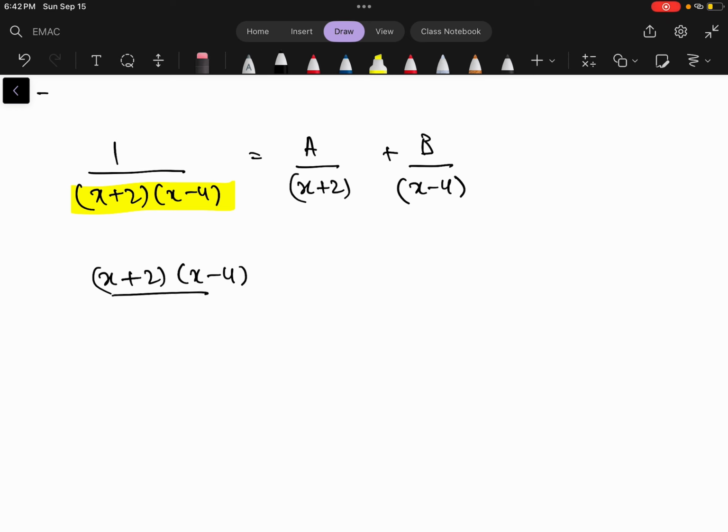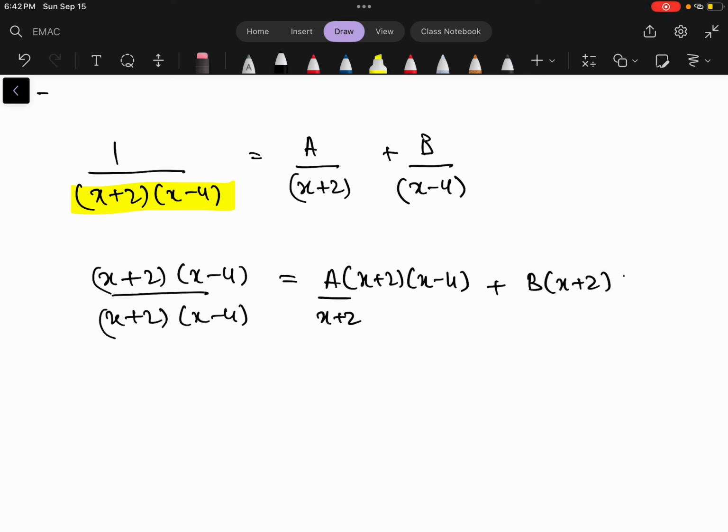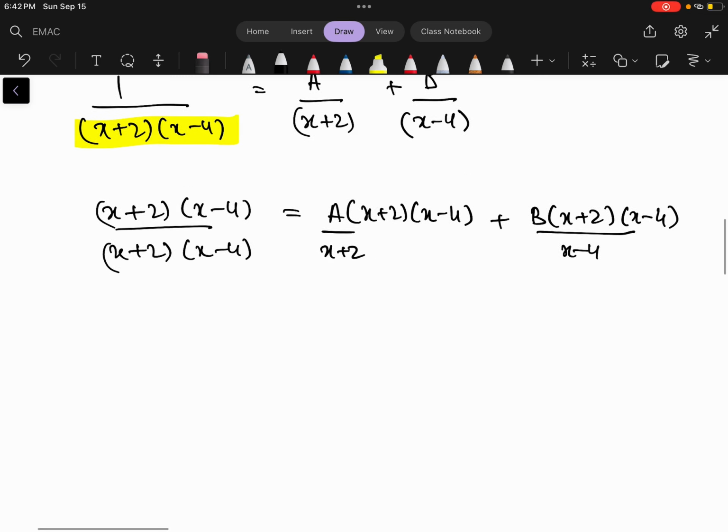So that will be x plus 2 into x minus 4 over x plus 2 into x minus 4, which is equal to a into x plus 2, x minus 4 over x plus 2, plus b into x plus 2, x minus 4 over x minus 4.